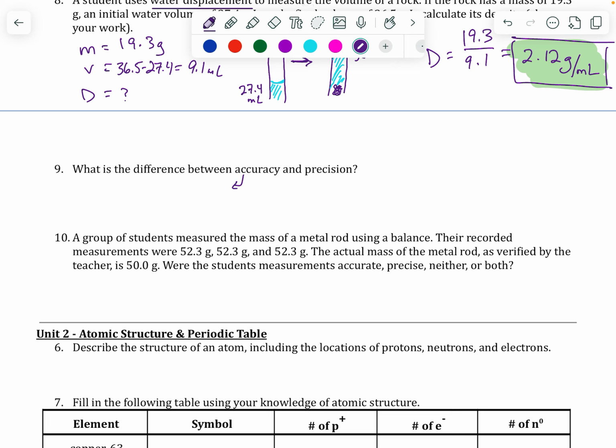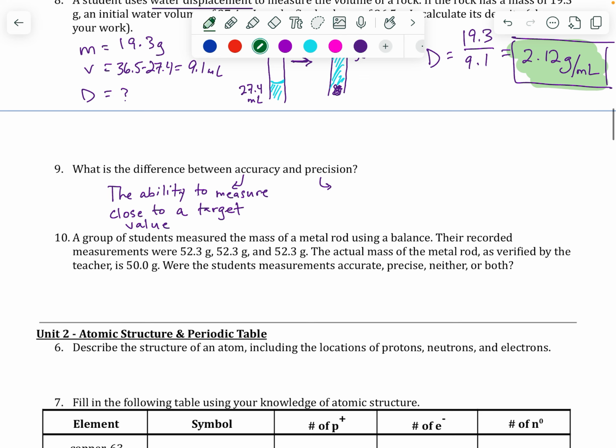And so we're going to do kind of what we did with the physical versus chemical up above. The difference between accuracy and precision: accuracy is the ability to measure close to a target value, right?